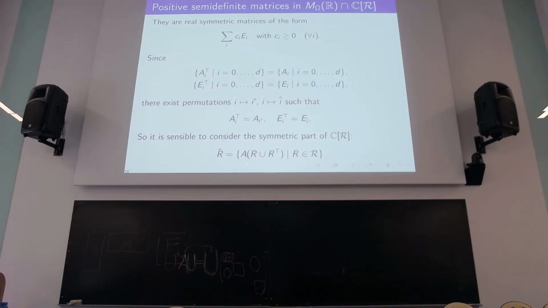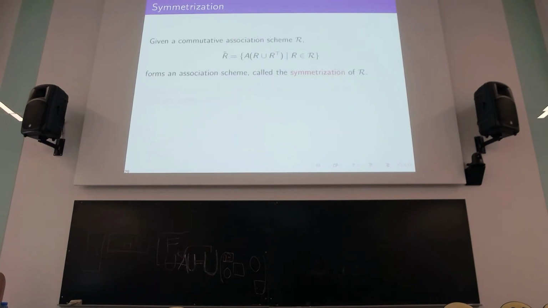Then you may have fewer relations, but certainly you have another set of relations. If you take a linear combination, you get the symmetric part of this algebra, and that is exactly what we want. It turns out that it results in a new association scheme. If you start with a commutative association scheme, it is called a symmetrization.